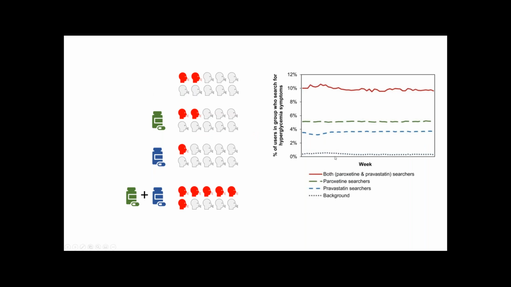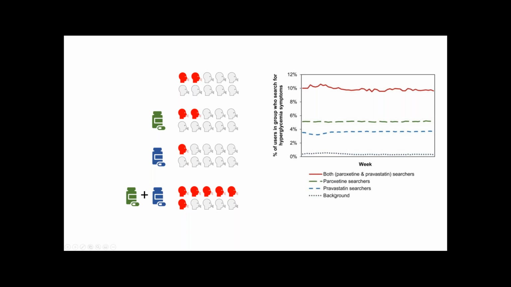So then you can design a typical cohort study or case control study where you will compare the probability of having this health problem in patients that are not taking any medicine against those that are taking paroxetine, against those that are taking pravastatin, and against those that are taking both drugs.